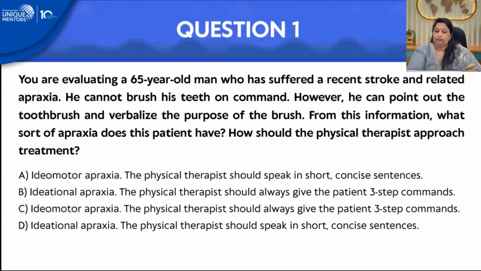So now, when you analyze this question, first of all, the age of the patient, 65-year-old man, okay? And now he had a recent stroke and the related apraxia. So he has got apraxia. Now we are giving a command to brush his teeth. We are giving him a toothbrush and asking him to brush his teeth, but he cannot do it upon command.